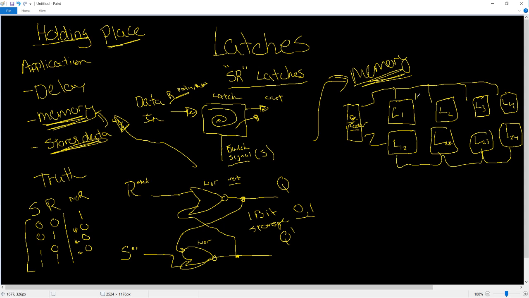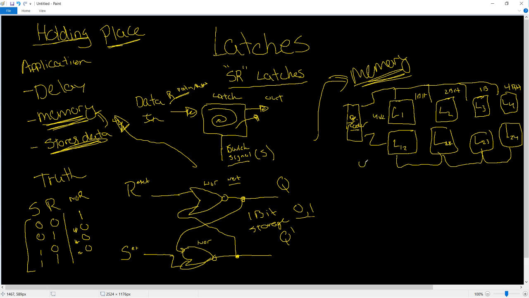This would be your 1-bit, 2-bit, 3-bit, 4-bit, and you can build memory units this way. In the hypothetical sense, you could store a 4-bit value with each row of latches. You can scale this up to any size you want. This is a 4x2.